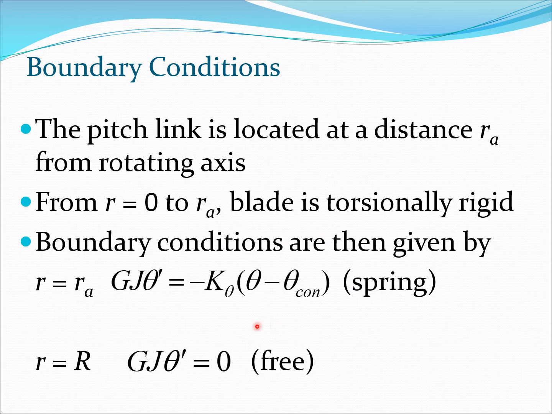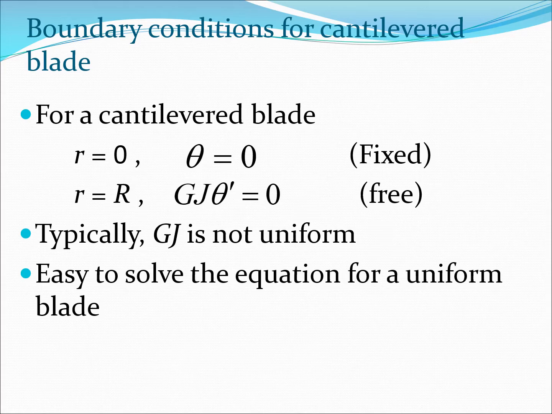So this is like a spring, okay? And then at r is R, that is at the tip of the blade, GJ theta dash is going to be 0. So that's the free end of the beam or the blade. Now if we had a cantilever blade, then r is 0, theta would be 0, that's the fixed condition. And at r is R, GJ theta dash would be 0, that is the free condition.